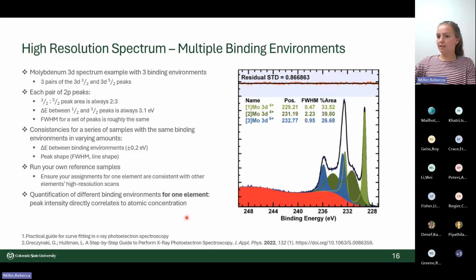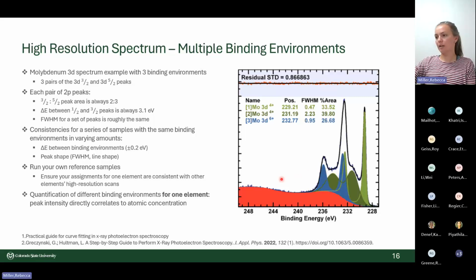Okay, and then lastly, if you're doing quantification from one high resolution peak, one element, the area under these different binding environments corresponds directly to atomic concentration because it's just one element.